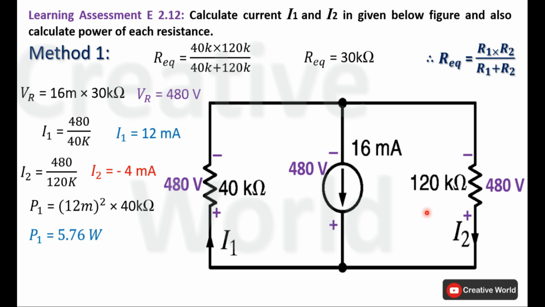Similarly, the power of 120 kilo ohm will be I2 square multiplied by R, that is 120 kilo ohm, and I2 is minus 4 milliampere. So the power of this 120 kilo ohm resistance will be 1.92 watt, and again this power is being absorbed by this 120 kilo ohm resistance. So this was the first method for the solution of this problem.